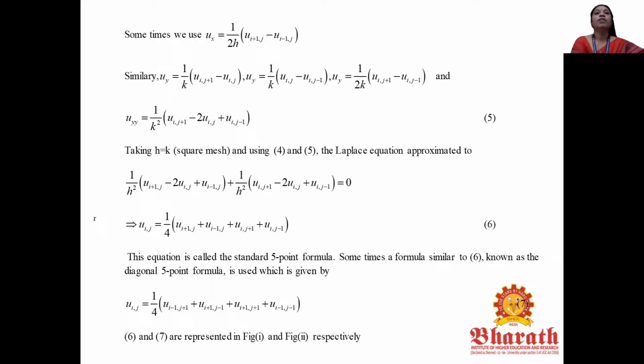So sometimes we use ux is equal to 1 by 2h into u of i plus 1 comma j minus u of i minus 1 comma j.